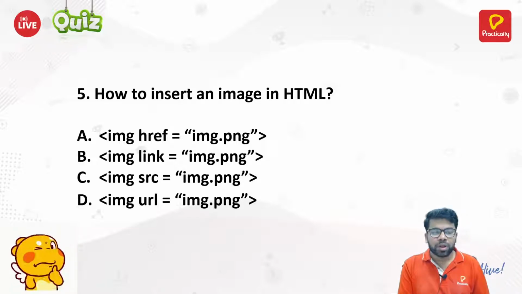All use the image tag, but one uses href, another link, another src, and the 4th one URL. All use the same image, img.png. So the correct answer is C, the source attribute. Inside the source attribute, we have to mention the file name or the address of the file.